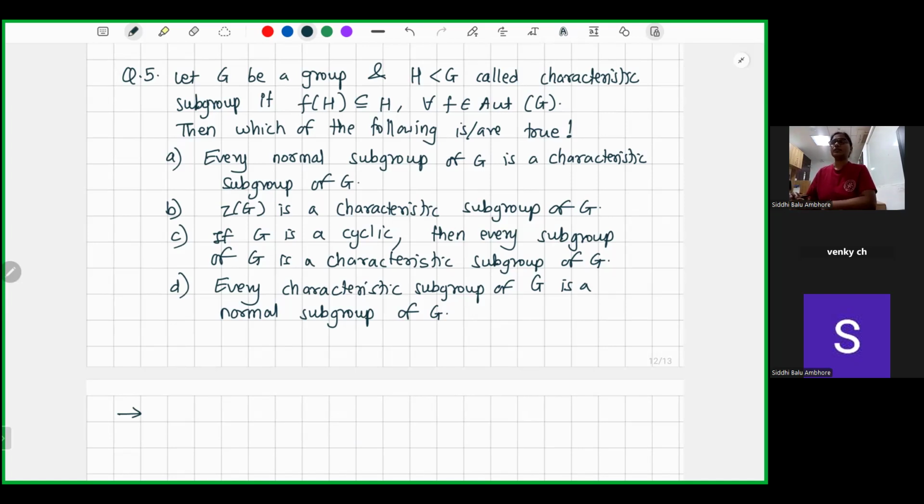Then we call it a characteristic subgroup of G. So what we are asked is whether every normal subgroup of G is a characteristic subgroup of G. Do you think that this is true?